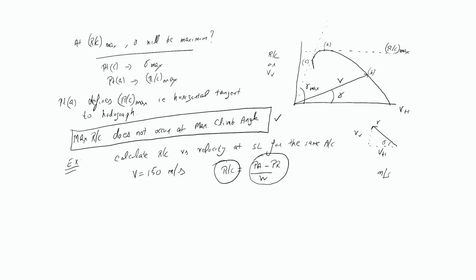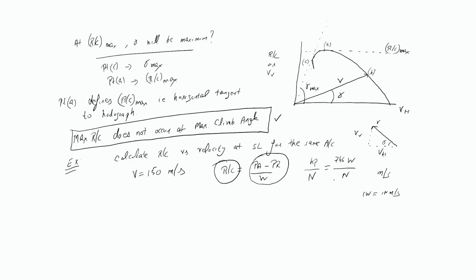Consider that power is in horsepower and the weight is in newtons. What will you do? Convert the power to watts: 1 horsepower equals 746 watts. Here we have newtons, and what is a watt? 1 watt is 1 Newton meter per second.